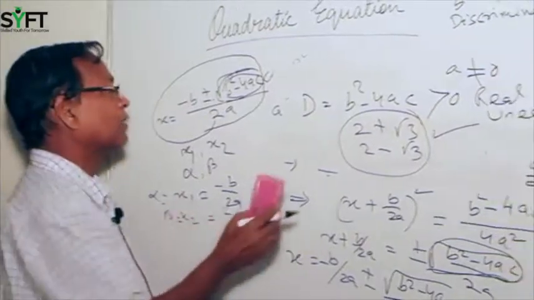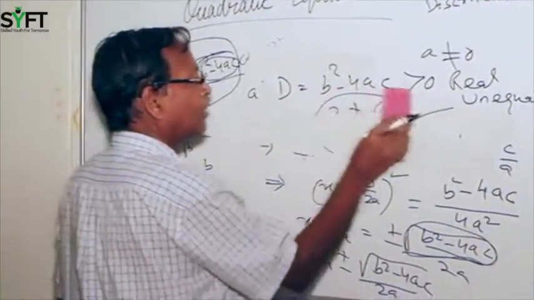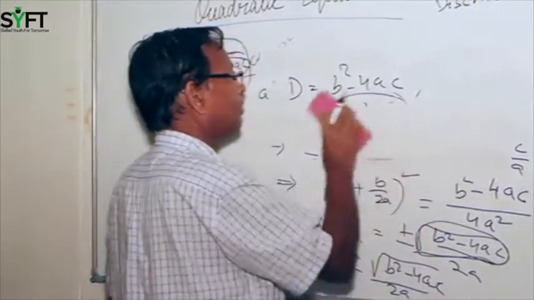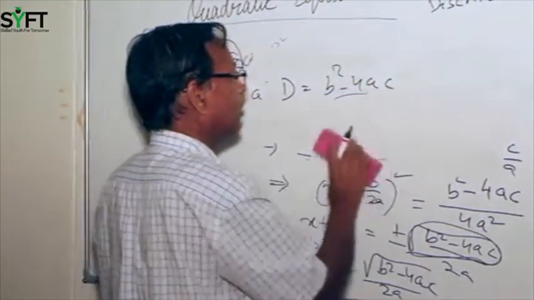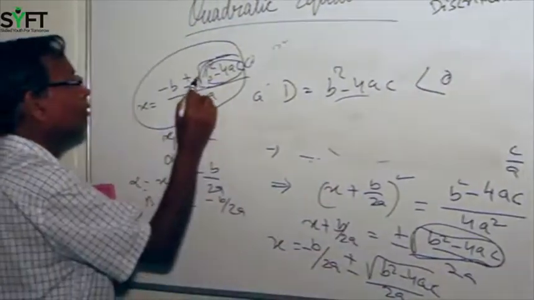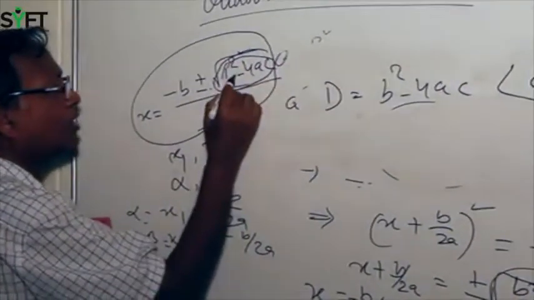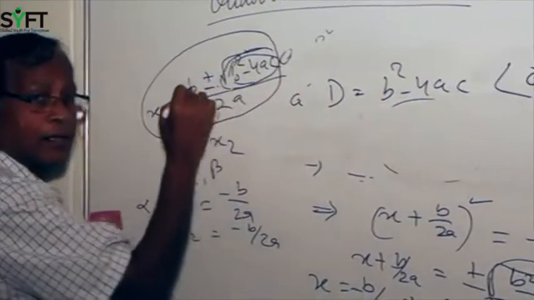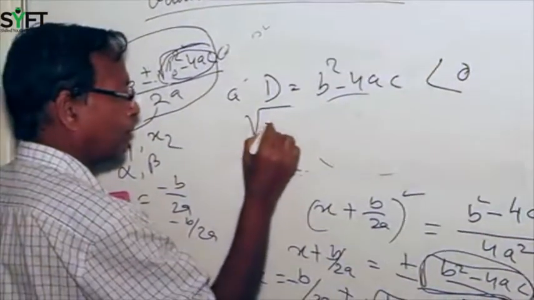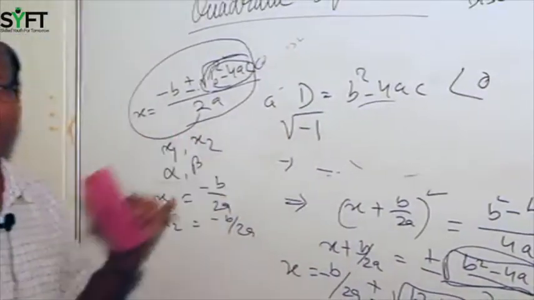And the third condition, when D, or b square minus 4ac, is less than 0. Less than 0 means the value under the root is negative. Negative means, suppose, root of minus 1, which is imaginary.